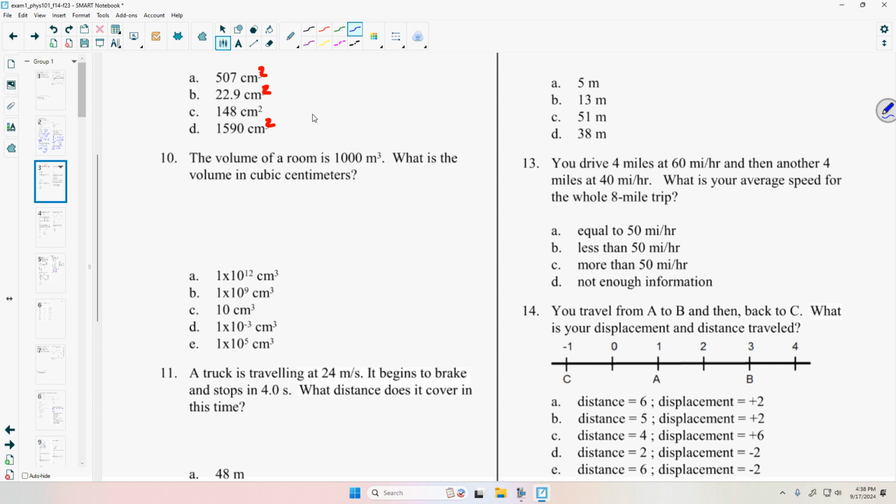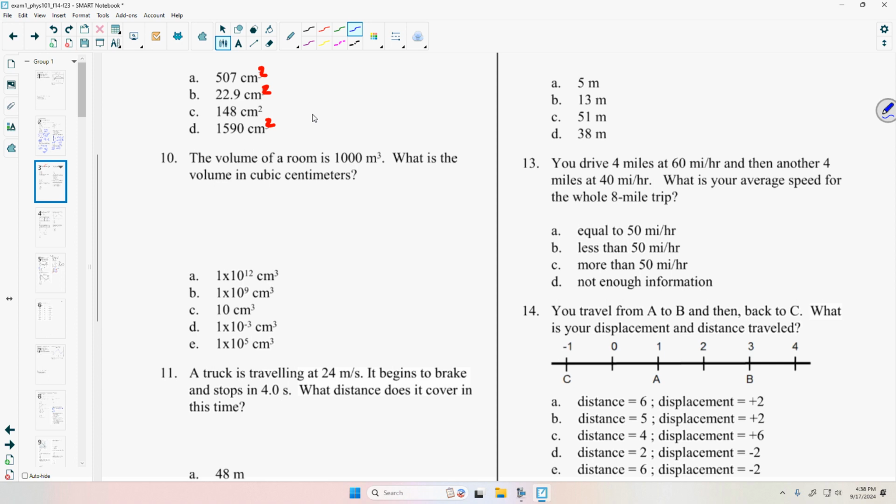So here I have 4 miles at 60 miles an hour and 4 miles at 40 miles an hour, and I want to know the average speed. If I average 60 and 40, that's 60 plus 40 is 100 divided by 2, which is 50, right? We said that you're traveling for a longer amount of time at the slower speed.